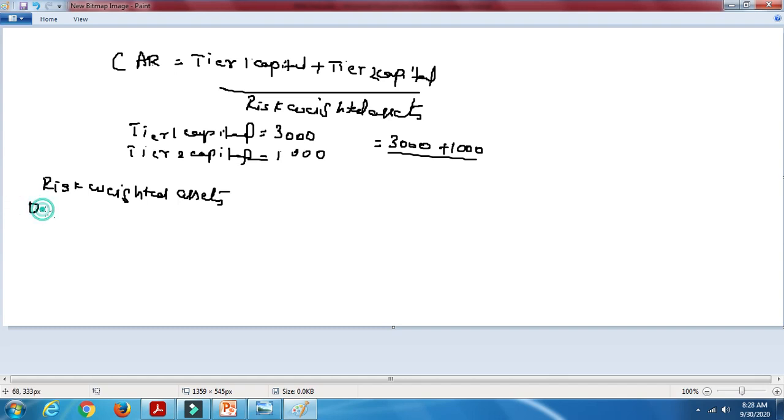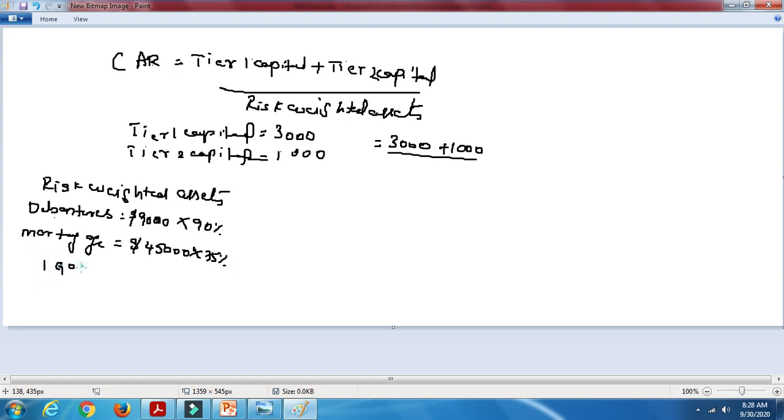So basically debentures are $9,000 into 90%, and mortgage is another loan which you take on the property. 45,000 into 75%.